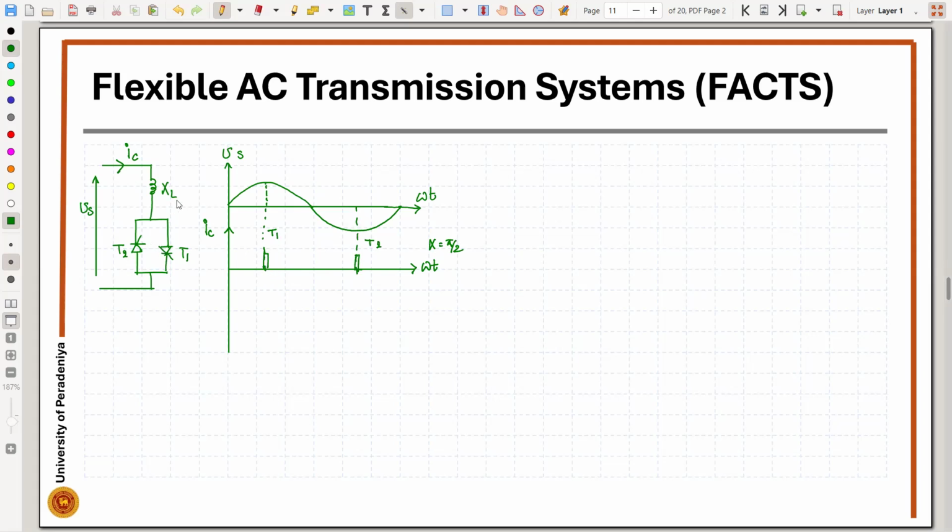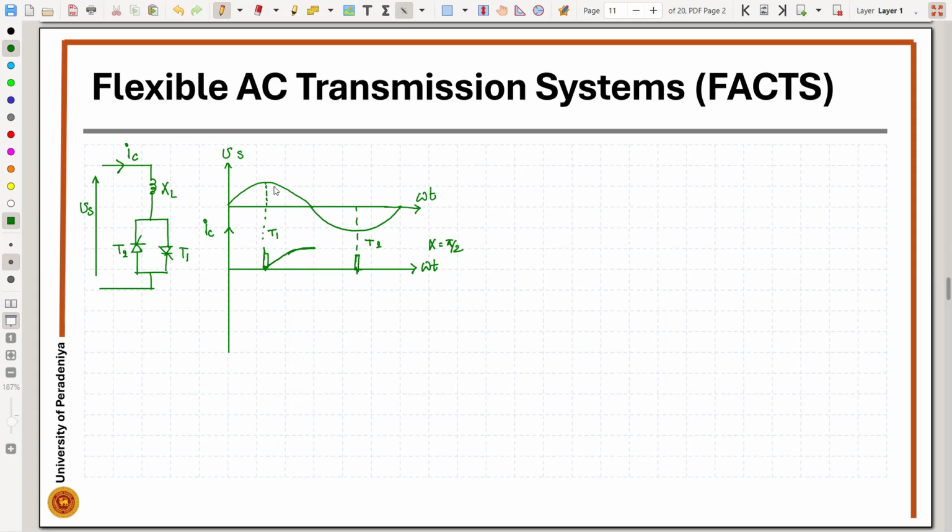So when we are in the voltage positive mode, at this point the current will be 0. What we are going to see is that the current is going to increase, and when it reaches this point, the current will be at the maximum. So we have a positive current at this point, even though the voltage is going negative. So since we have a positive voltage, the current will be negative.